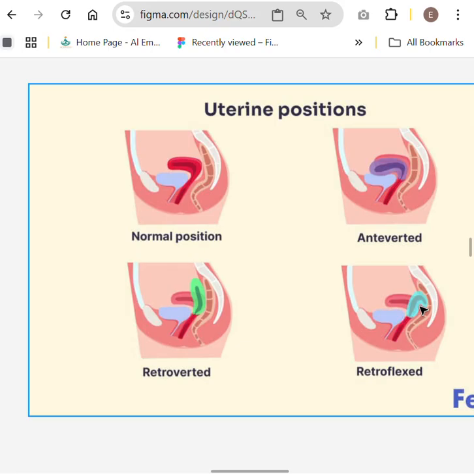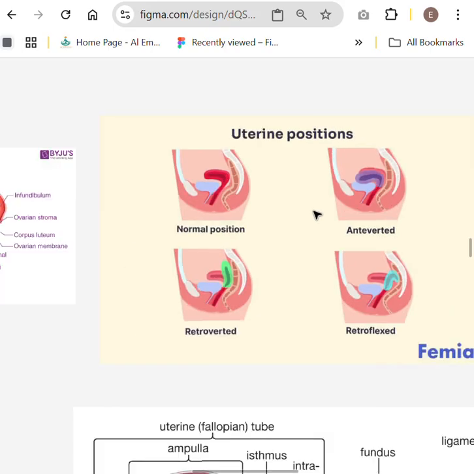So this has relevance with the gynecological history and surgery, and we'll refer to it again when we do the gynecological history, examination, investigations.